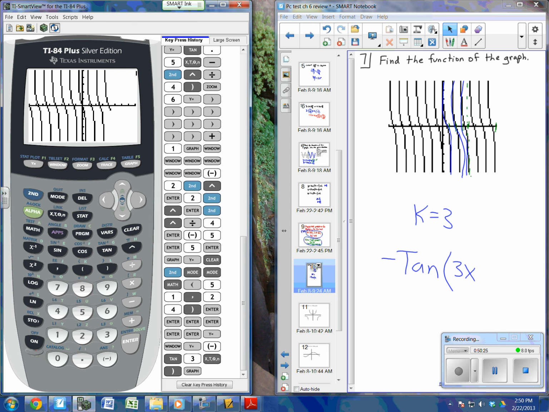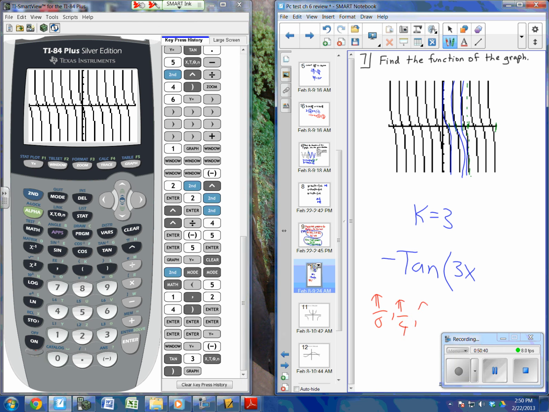Okay, I need to shift it to the right or left a little bit. And I'm just going to play with it. Remember, the amount I shift it is always going to be one of these right here. It's either going to be pi 6, or pi fourths, or pi thirds, or pi halves, or 2 pi thirds and so forth, 3 pi fourths, and 5 pi 6, or pi.